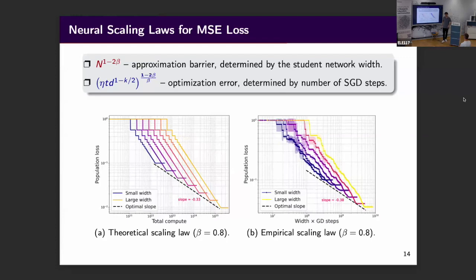The phenomena that you described, does it happen for these activations? So my speculation is the following. If your activation function has a Hermite 1 component, all your neurons are going to collapse to the same direction. This is a linear combination of all your teacher neurons. So in the beginning, your loss is going to decrease a little bit.